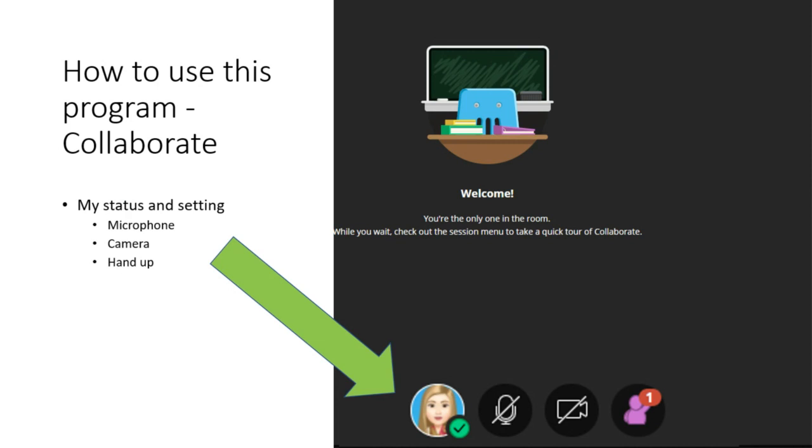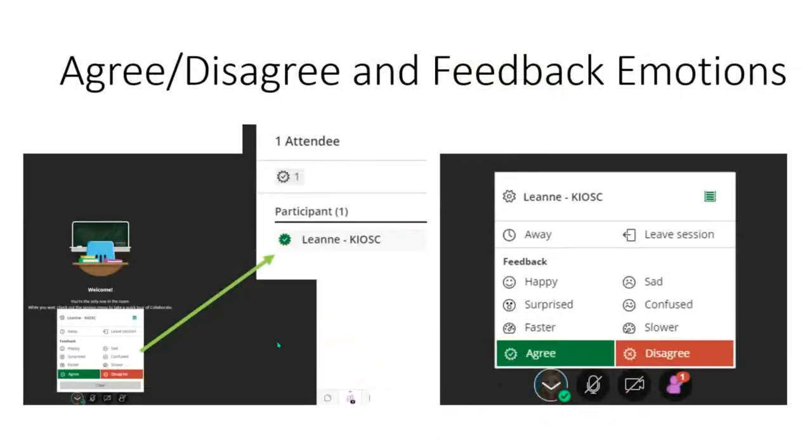So, this is the program we use to communicate. It's Collaborate. Down here, you'll see a little person. Yours probably will just be a little blank-faced person. That's okay. If you click on that person, you're able to tell us if you agree, disagree, how you're feeling.